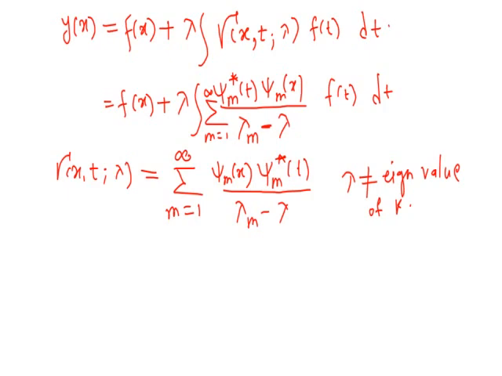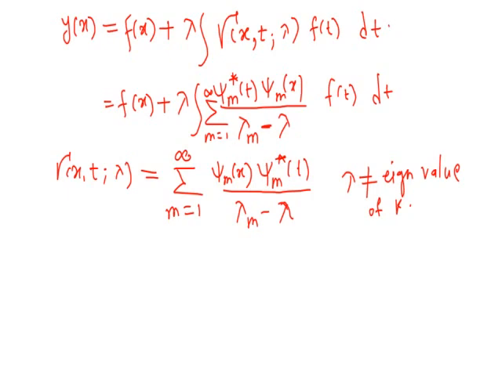Remember that when we considered the Fredholm integral equation, we considered it in such a way that lambda is not the eigenvalue. So if lambda is not the eigenvalue, then we will get this resolvent kernel, which is a valid expression, and hence we will get the solution of the integral equation.